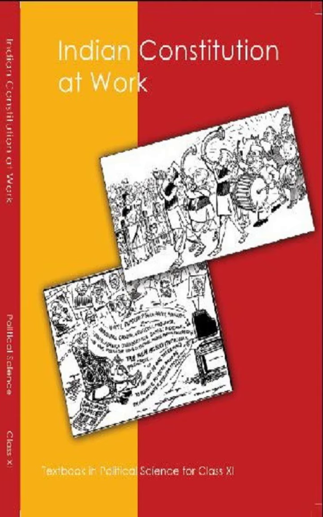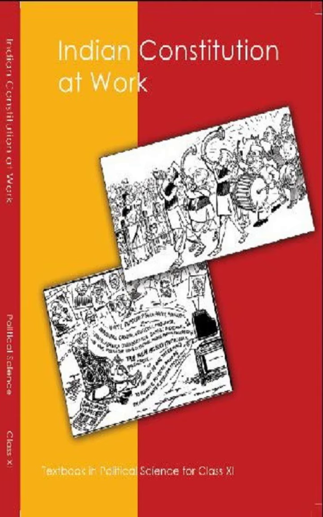Composition of the Constituent Assembly. As a consequence of the partition under the plan of 3rd June 1947, those members who were elected from territories which fell under Pakistan ceased to be members of the Constituent Assembly. The number of members in the Assembly was reduced to 299.